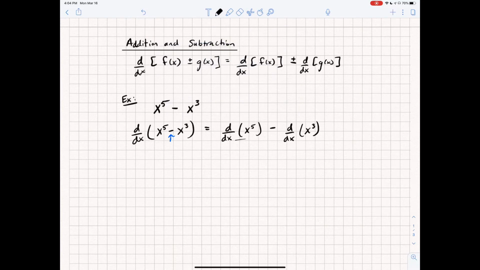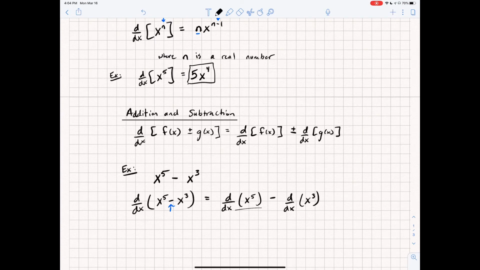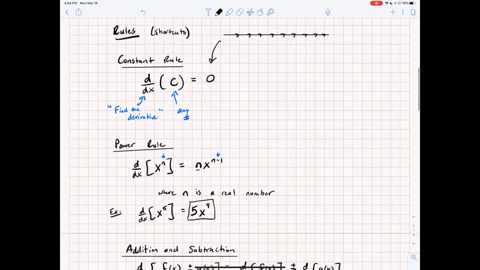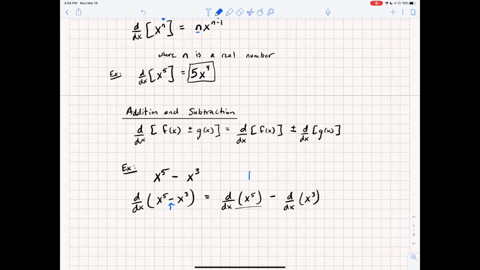Now, when I go through and do these derivatives, I can only use the rules that we already know. So for these addition and subtractions, as of right now, I can only apply the shortcuts if I have a constant or if it's a power rule. Well, for me, this is x to the 5th. This is a power rule.